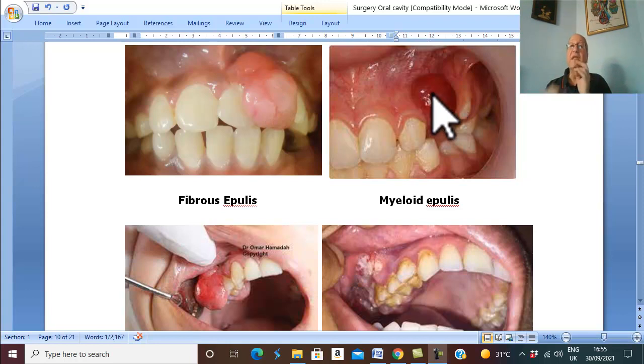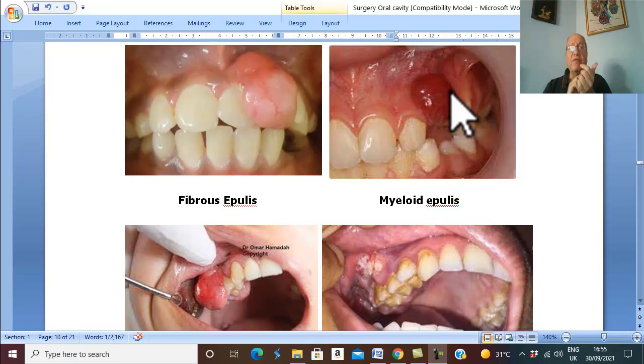From the osteoclasts of the periosteum arises the giant cell epulis. Histologically, there are giant cells, which are osteoclasts, with thin-walled blood vessels, and the osteoclasts and thin-walled blood vessels lie in between a fibrous tissue stroma.